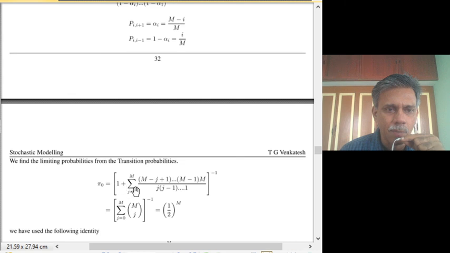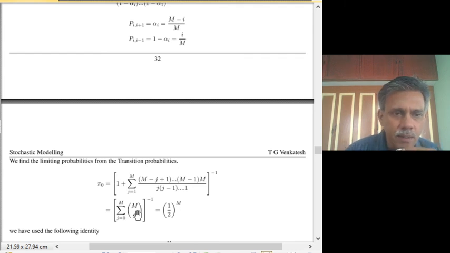So again we can absorb it here and write it as j varying from 0 to m, and that can be found out to be, you will see that this will be an expansion of sigma j varying from 0 to m of m choose j.